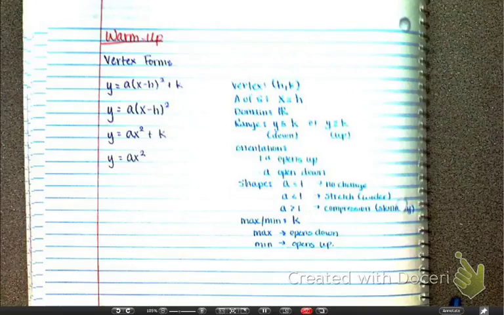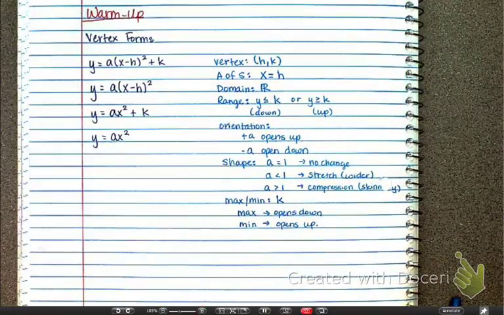But you will notice that all the numbers we use always deal with h and k. There are no other numbers involved other than looking at a to determine if it opens up or if it opens down. Do we need clarification on any of that? Yeah. So like if it was -2, it's still skinnier?